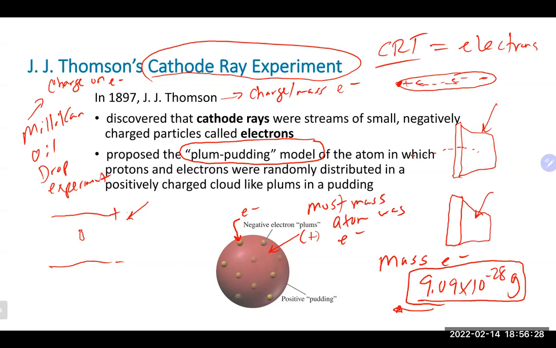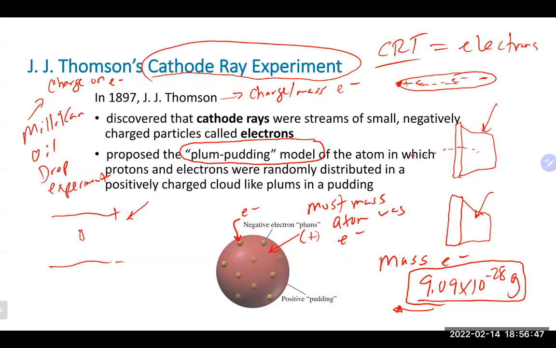So this was an early model of the atom, and it fit with the idea that we have to have it neutral, with all this positive charge spread out over the negatively charged electrons embedded inside, and the electrons make up most of the mass of the atom.